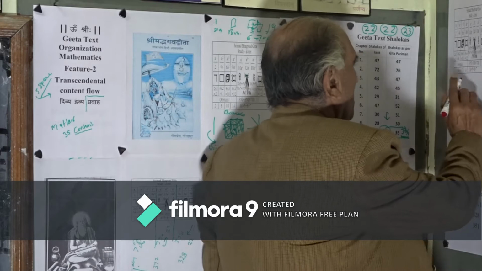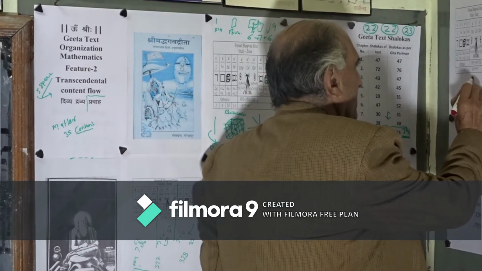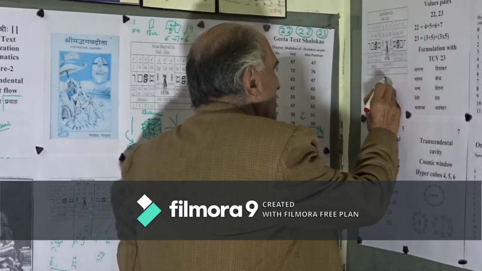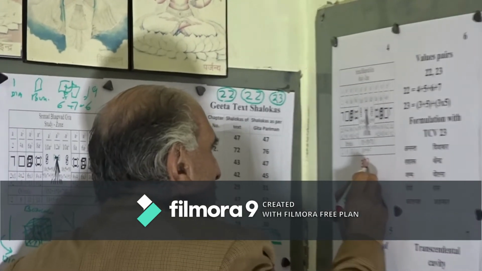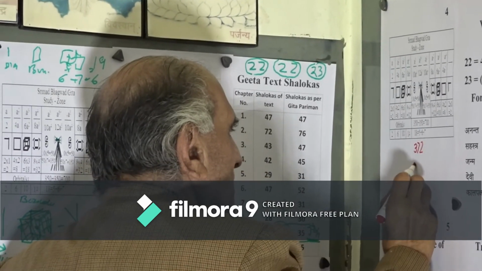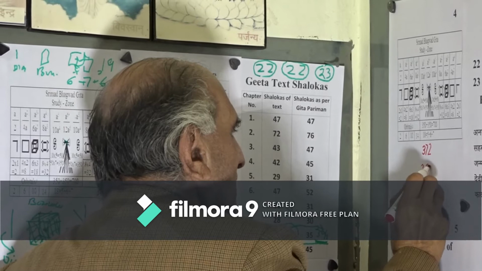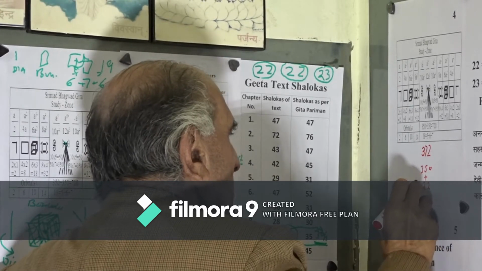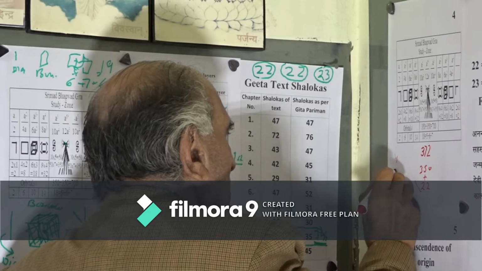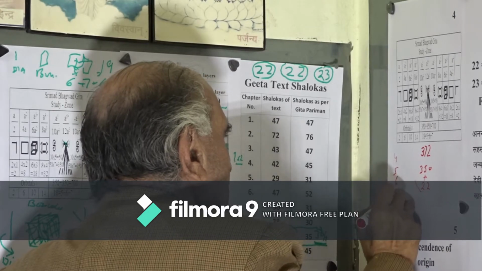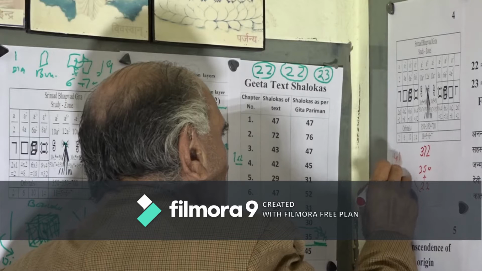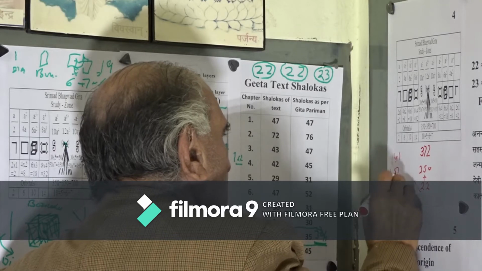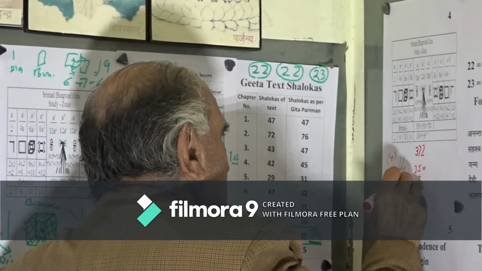So here we are reaching at the middle at 372 shlokas range, and this range is 350 plus 22, and 22 is the summation value of 4, 5, 6 and 7, a fourfold manifestation layer, hypercube 6.